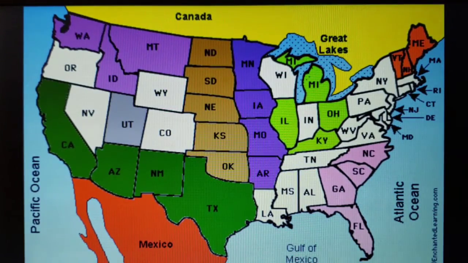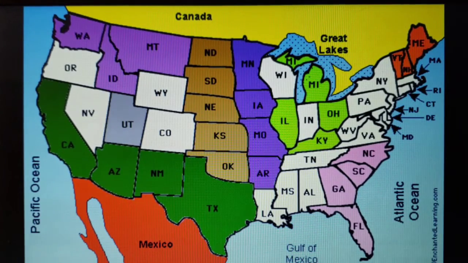And if you take the south, Mexico, there are some states that border Mexico. There are actually 4: California, Arizona, New Mexico, and Texas. These are the 4 states that border Mexico.